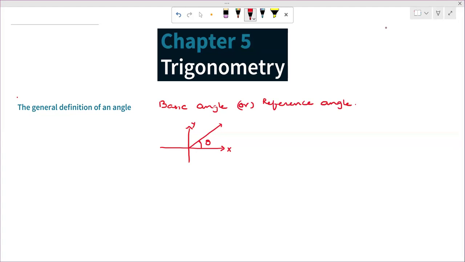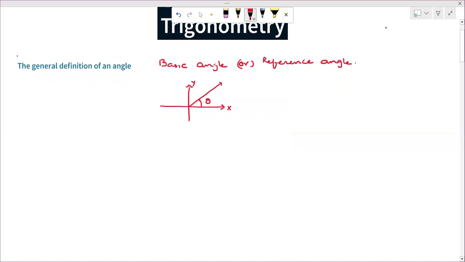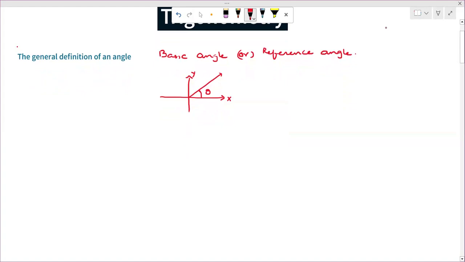So if they are giving 150, 130 also, you have to find out the basic angle, what it is exactly. See, for example, if I am taking one diagram like this, if I am considering the angle, this is 150 is given. So what is the basic angle with this?